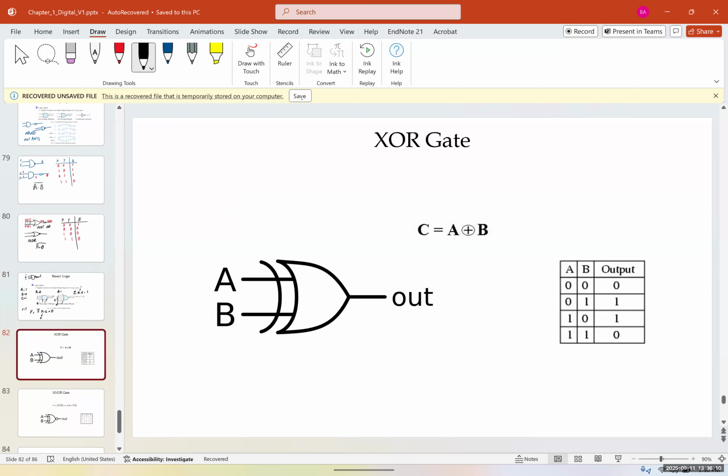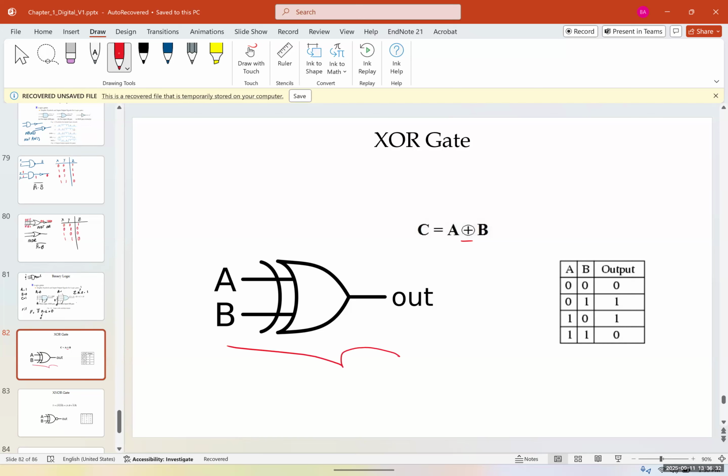So another type of gate that we have, which is important, is called the XOR gate. We show it with the plus sign in the circle, this sign over here. And for the example here, C is equal to A XOR with B. And we show it with this symbol over here.